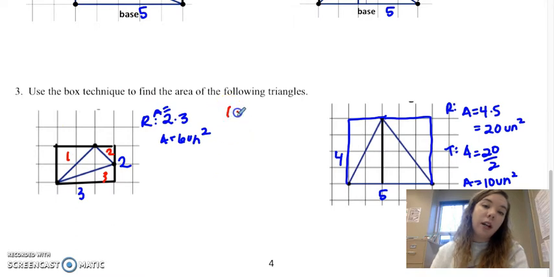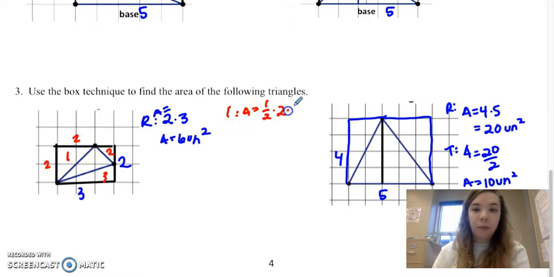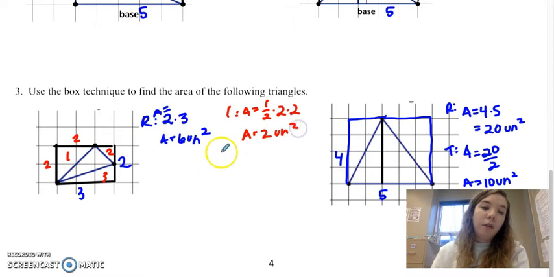So if I do the area of triangle 1, that's 1/2 times 2 times 2, which is 2 square units. For triangle 2, I have 1/2 times 1 times 1, which is 1/2.